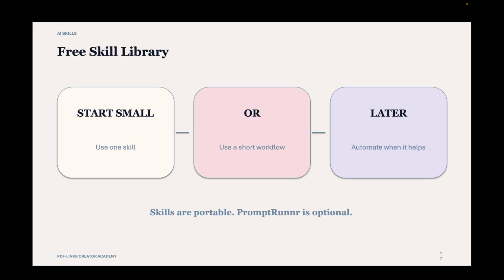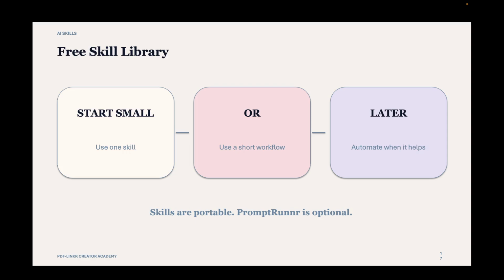I know that was a big overview, but what we're going to start with is small. We're going to use one skill and one short workflow, and then later we're going to automate it when it helps. You don't have to automate everything. Sometimes just one skill or just a regular prompt.